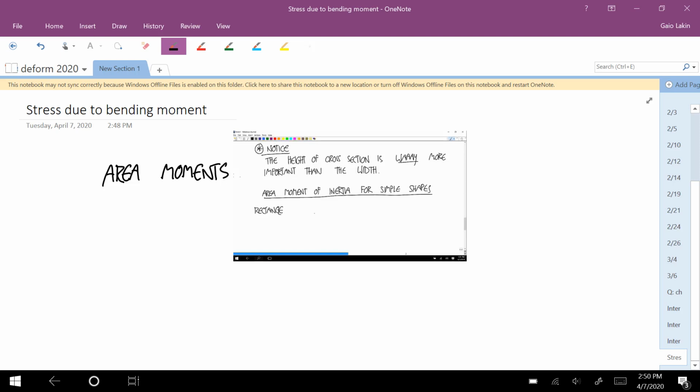There's an L in there somewhere. For three common shapes, let's say three. So that's the y-axis, that's the z-axis. We'll say it has a width b and a height h.